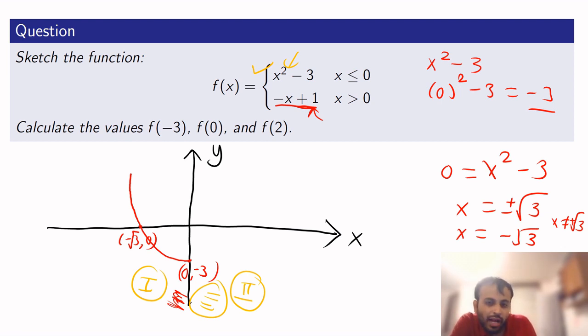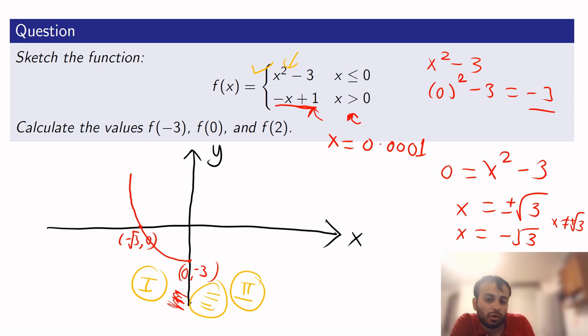Let's see what the value of this function is near about 0. Of course, x equals 0 is not included in this domain, so we'll try to see what the value of this function is near about 0. Let's say maybe x equals 0.000001, something like that. If you plug in a very small value, it's almost 0.